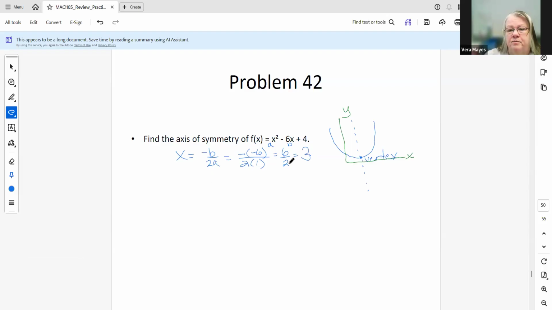So if you look at the first part and the last part, remember we said this line going right down the middle, like if we were to fold it, hits the x-axis. So the equation is x equals 3. And you're done for free. If you'd already been asked, like, where's the vertex, once they ask you that, they're basically giving you the axis of symmetry for free.